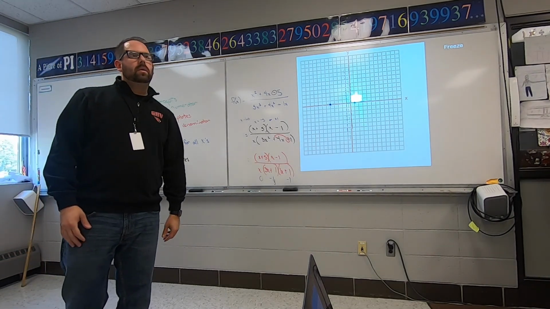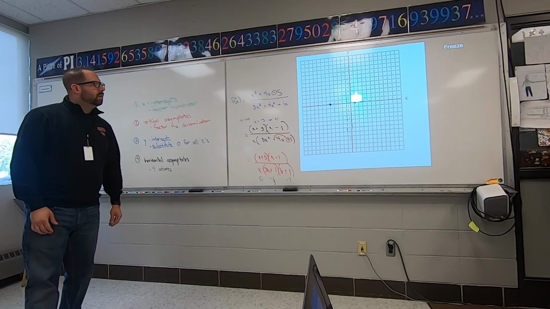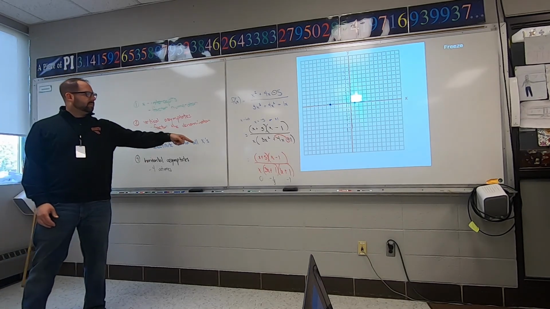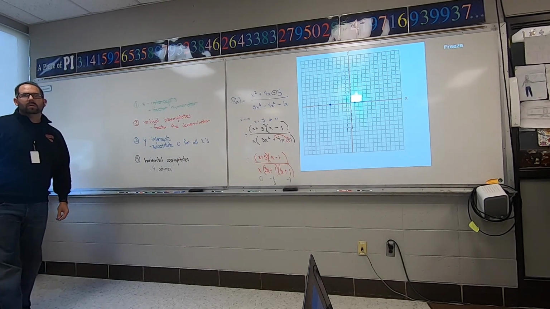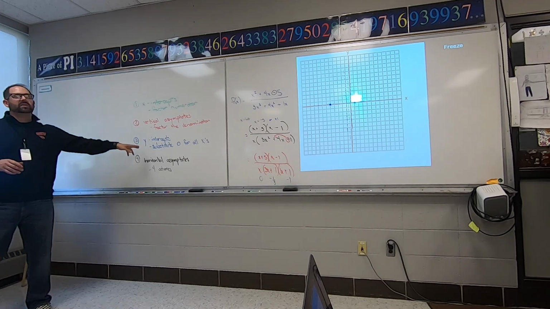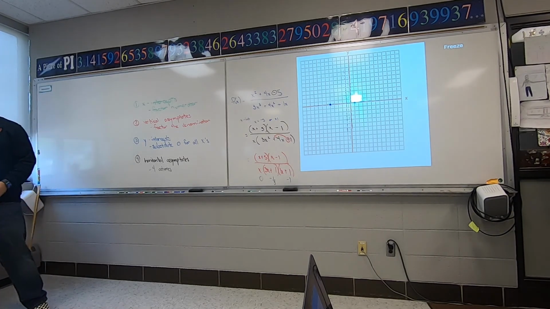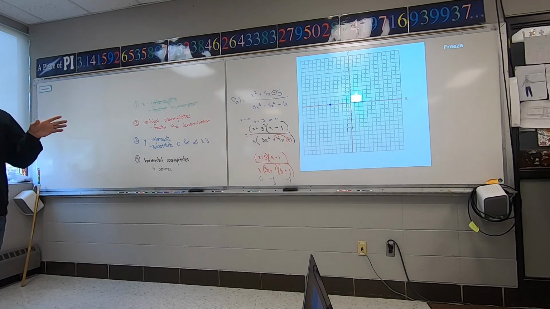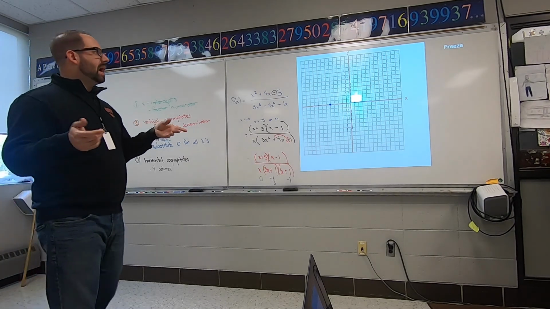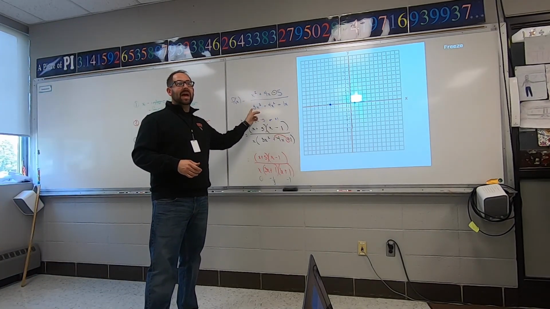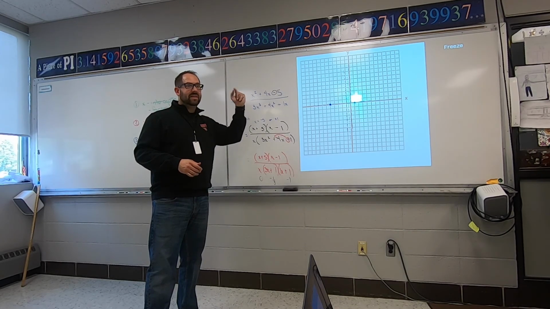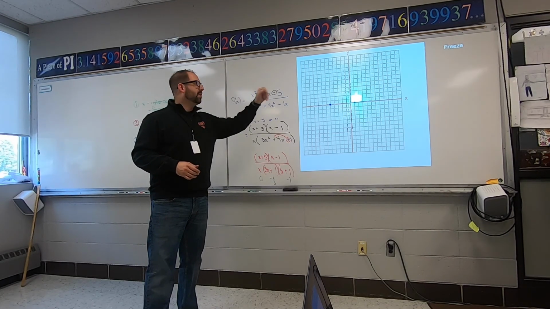Y-intercepts, that's when you plug in zeros. There is no Y-intercept, because I plugged in 0 to all my X's and I got a 0 on the bottom. You can't divide by 0. We already threw out 0. You can't use it.